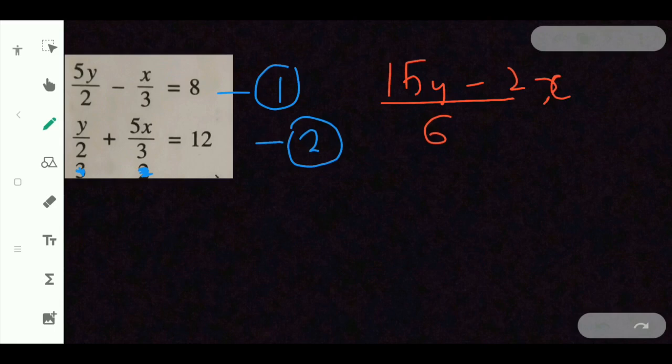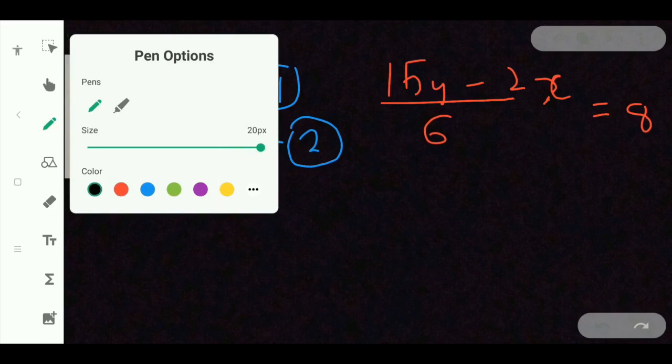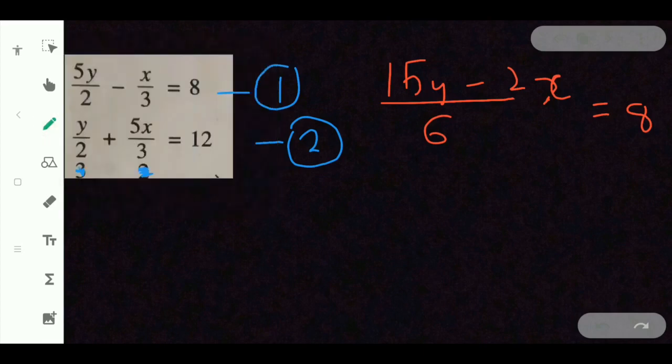Is equal to 8. So now let us solve it. I will be transposing this 6 to RHS.